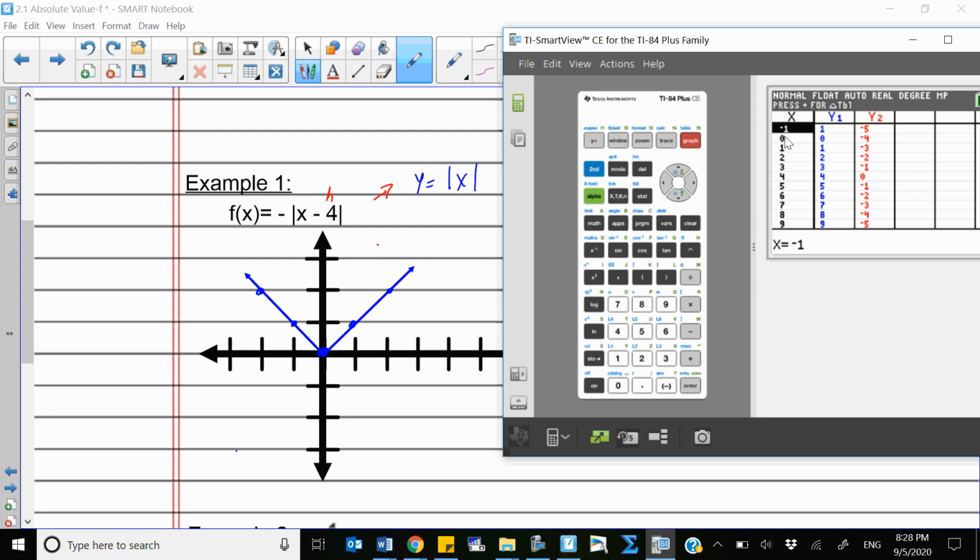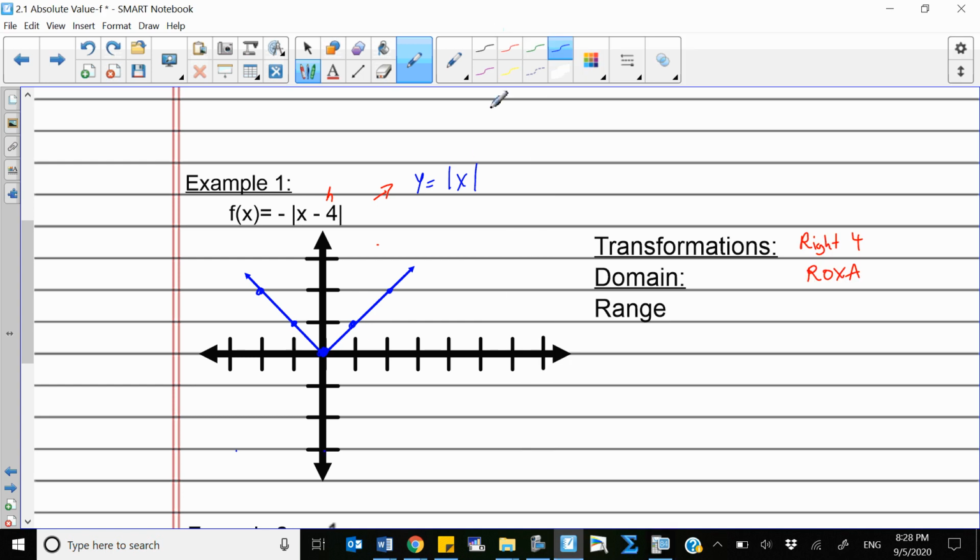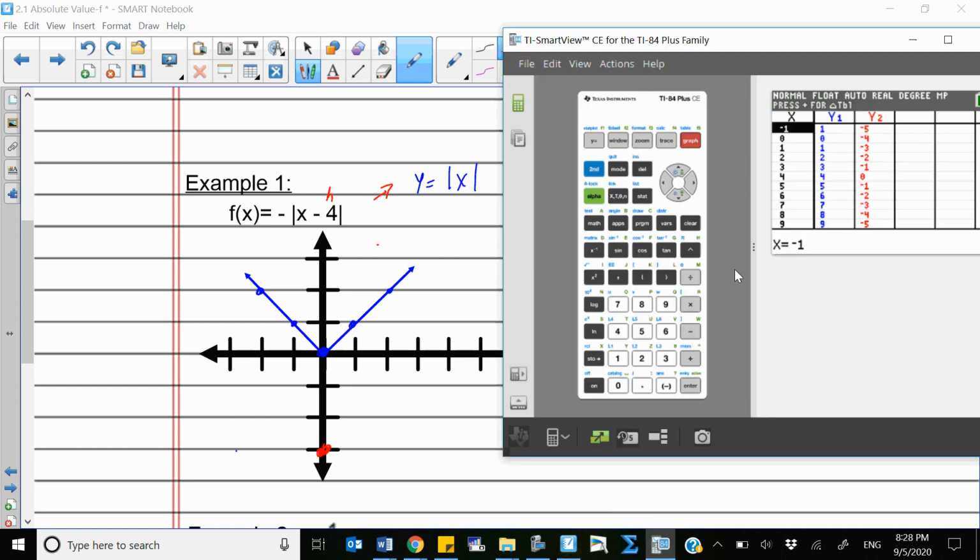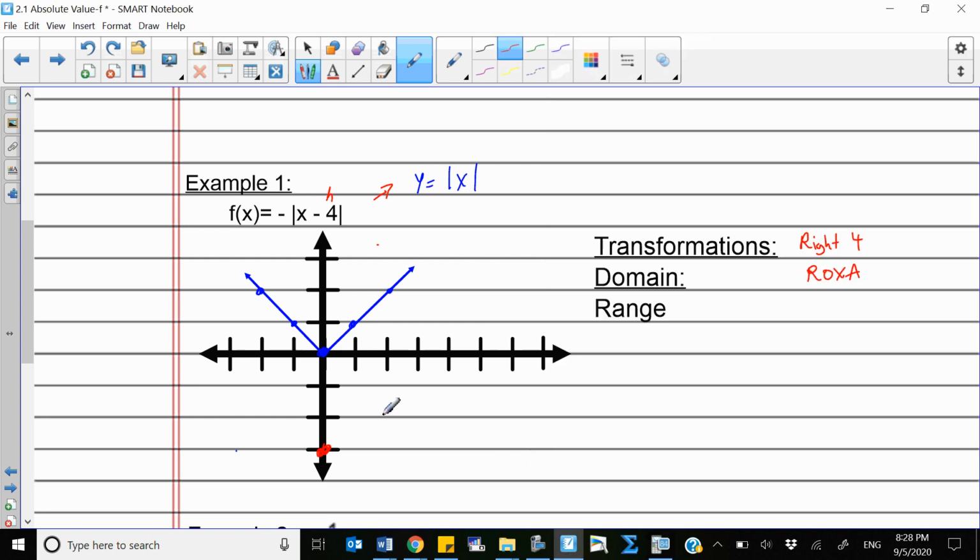If x is 1, y is negative 3. And if x is 3, y is 1. These points are good, so I'm going to use them. X is 1, y is negative 3, so it's going to be here. This is one of the points. Then if x is 2, y is negative 2. X is 2, y is negative 2. So it's here.